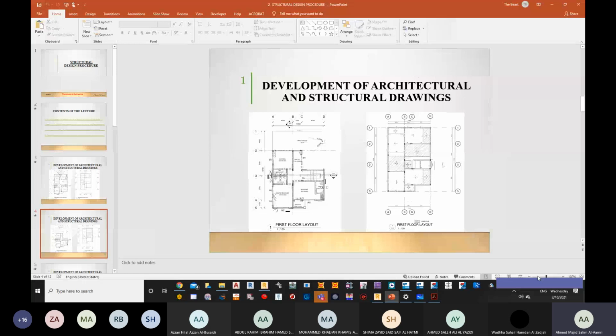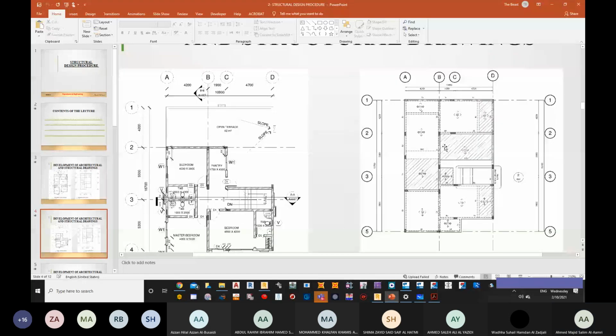The color here, are you able to see them? Yes. Okay, so these are the slabs which require water connection.